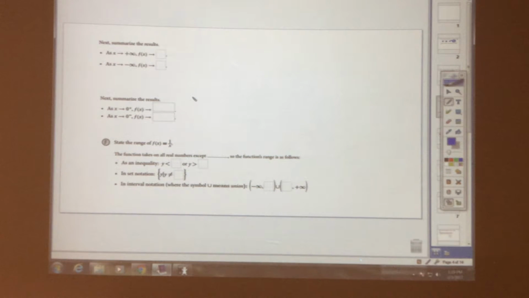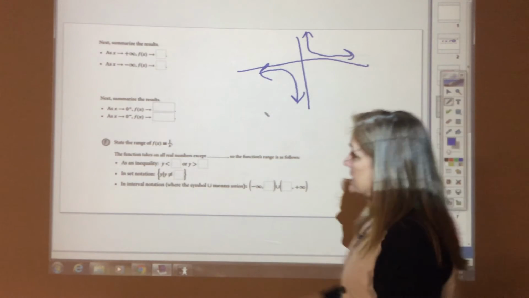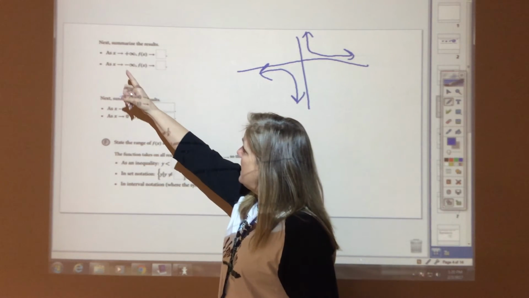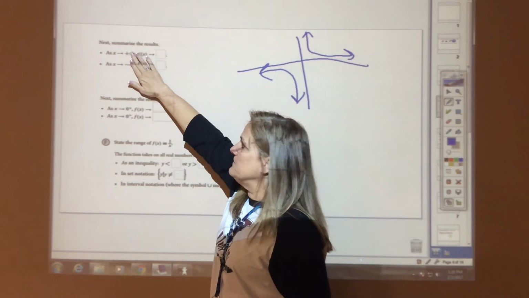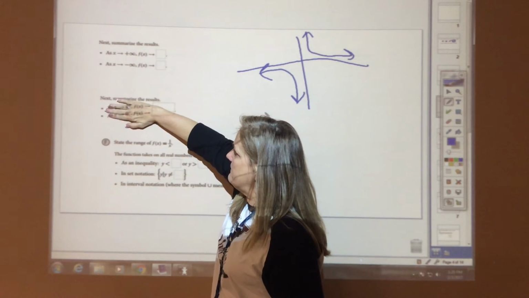Now look at the bottom of page 469. Now, this may be something you haven't seen before. You're going to have to look at this because we have two different parts of the graph. So at the bottom of page 469, it says, this one you have, this one you haven't.